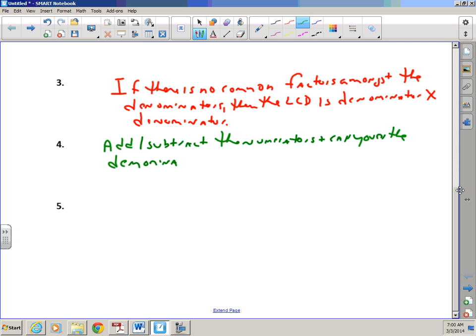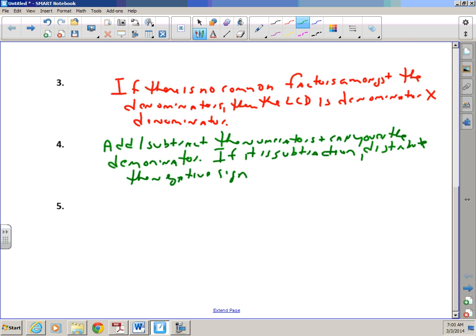Now, the only thing you have to be careful of is if it is subtraction, and you'll see this, you have to distribute the negative sign to all the terms of the numerator of what is being subtracted.